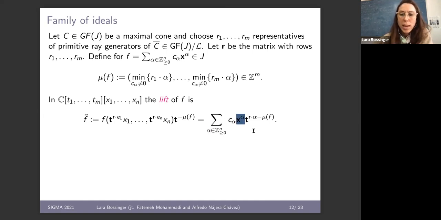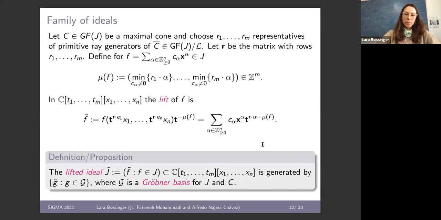So the support in terms of the x's, and every monomial x^alpha will be multiplied by a monomial in t's whose exponent vector is exactly the matrix R times the exponent vector minus this vector of minima. So then the lifted ideal is the ideal generated by all the lifts of elements of J, but it is actually finitely generated by the lifts of the elements of any Gröbner basis.